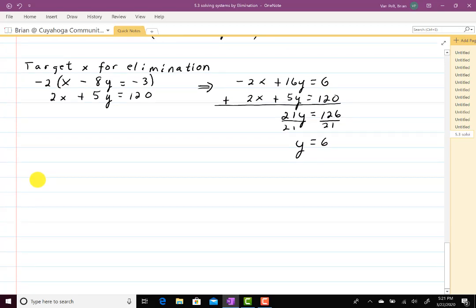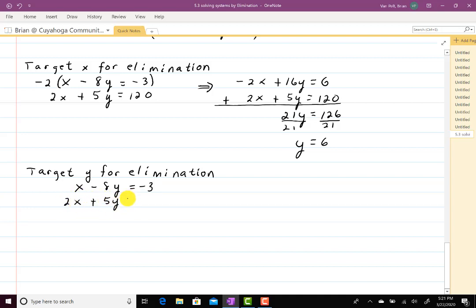So half done. Now rewrite the equations again, but this time target y for elimination. So let me write my equations again. Now, I think I see my 8 and 5, so I'll put a 5 in the first equation and multiply the first equation with the 8 for the second equation, and let me check my signs.